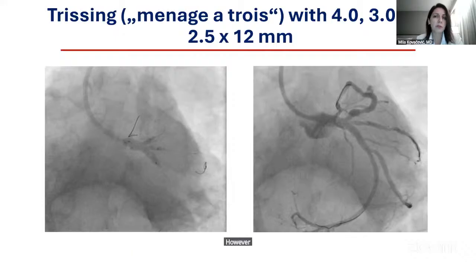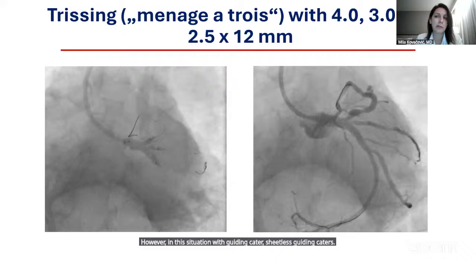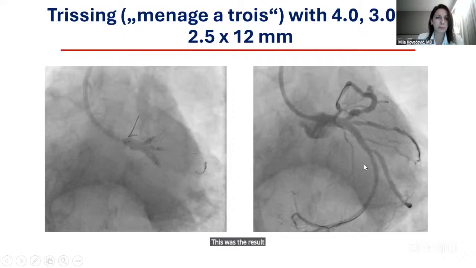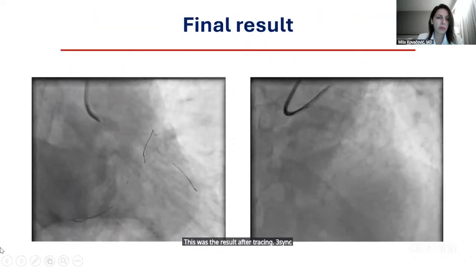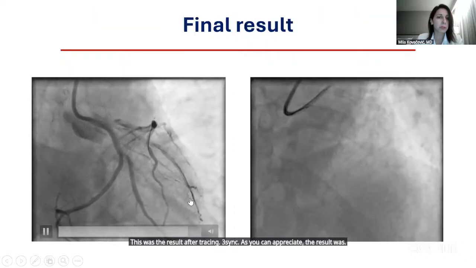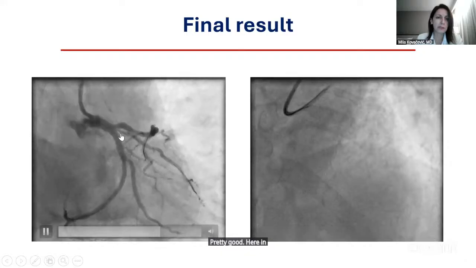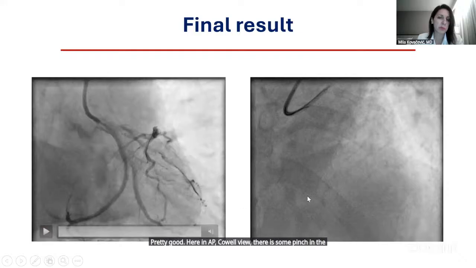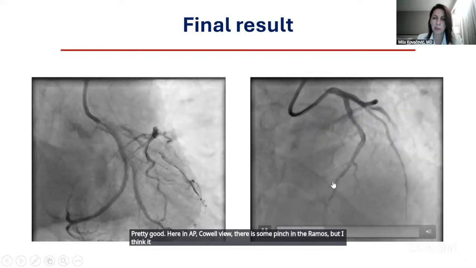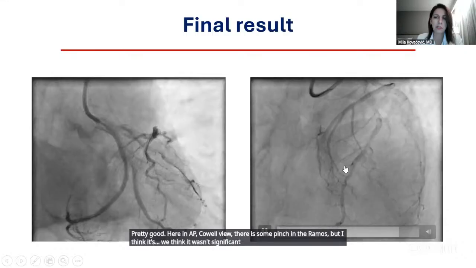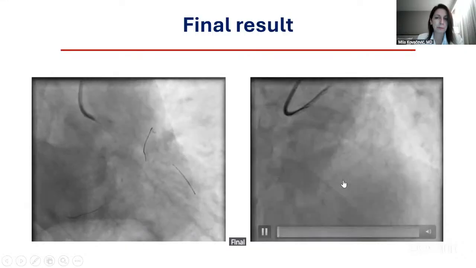However, with the 7.5 sheetless guiding catheter, we could do triple balloon inflation with balloons 4, 3, and 2.5. This was the result after tracing. As you can appreciate, the result was pretty good. Here in the caudal view there is some pinch in the ramus, but we think it wasn't significant, and this was the final result.